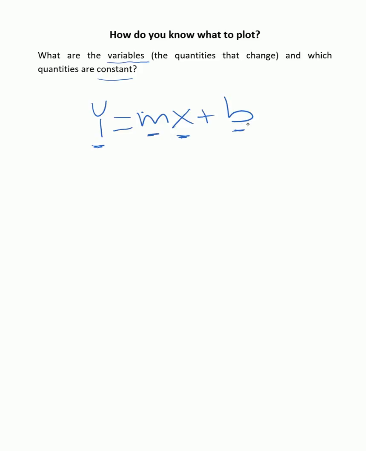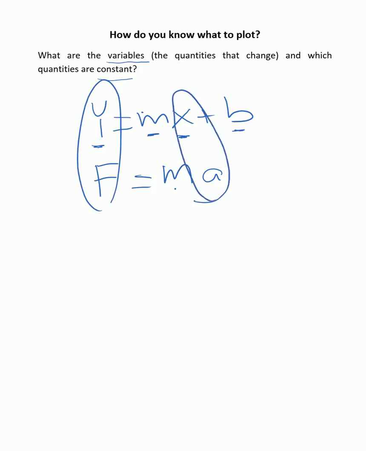In the previous problem, we had the formula F equals ma, where this m is the mass of the cart. Now, we had multiple measurements of F and multiple measurements of a, and we only have one cart, so it only has the one mass. So it makes sense that we would plot F on the y-axis and the acceleration on the x-axis.